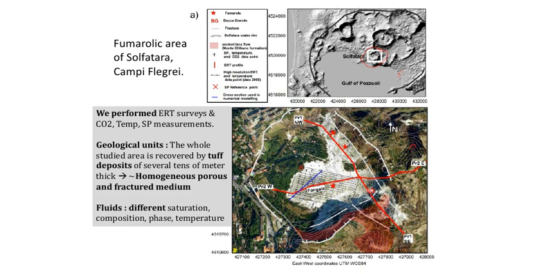We can see clearly the very acidic zone, and there are two big fumaroles here, the Bocca Grande and Bocca Nuova. So we performed electrical resistivity surveys and temperature, as well as CO2 measurements and self-potential measurements.